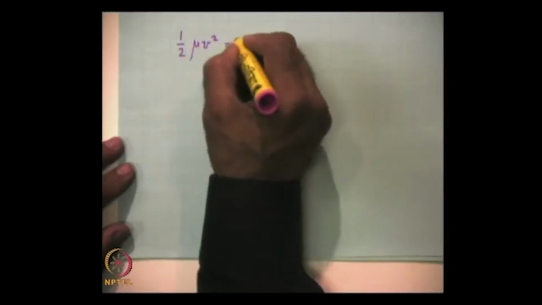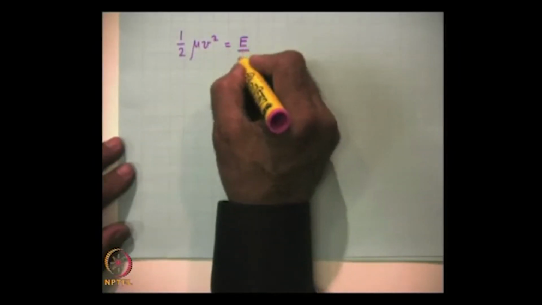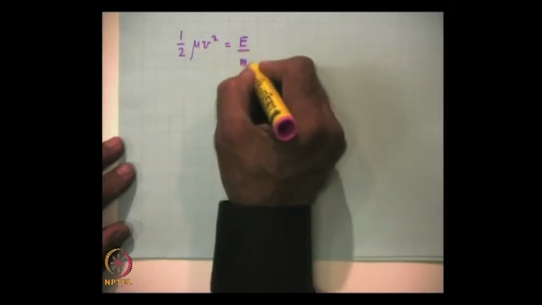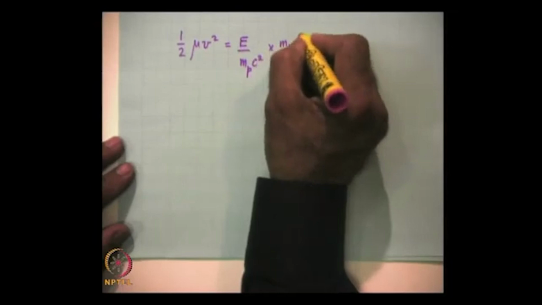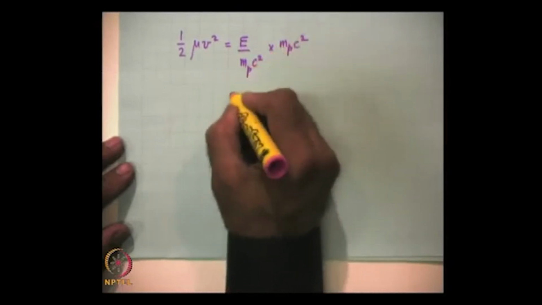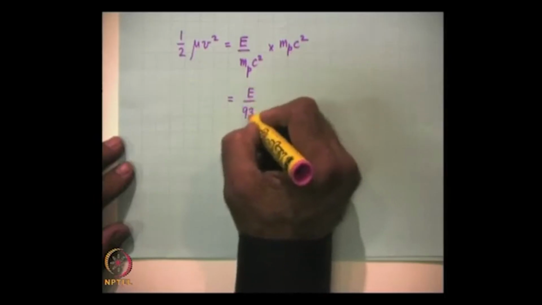Let me do this again, how to write the expression for V. So, you have half mu V square is the energy E of the alpha particle. So, I divide by m_p c square and multiply by m_p c square. So, this is 938 MeV, so E by 938 MeV.